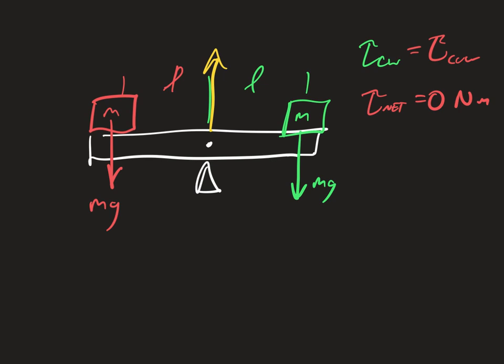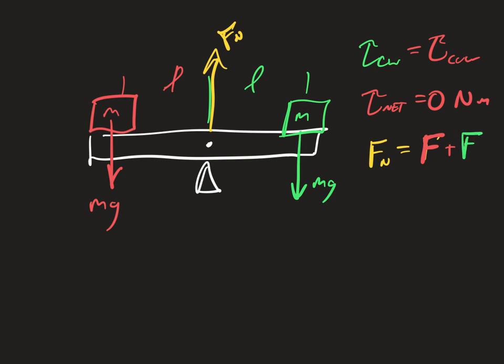The normal force, Fn, or F from the pivot point, is going to equal the downward force from the red plus the downward force from the green.